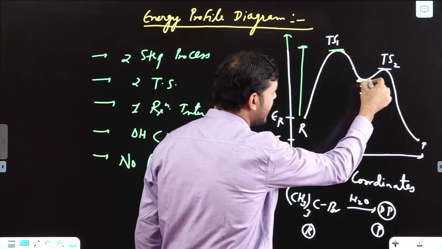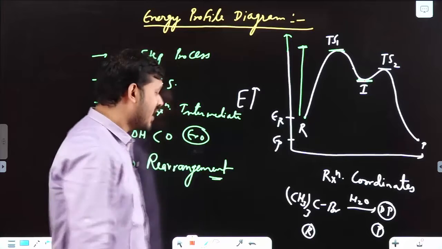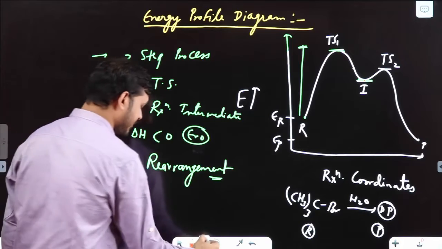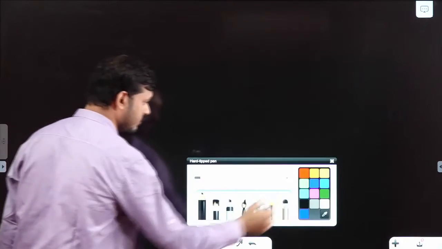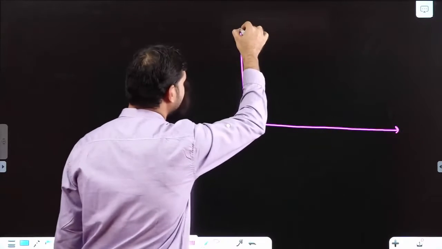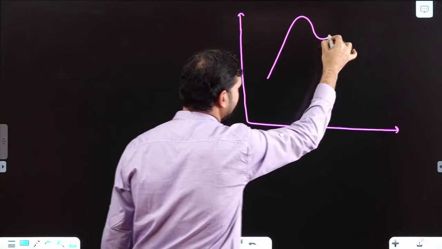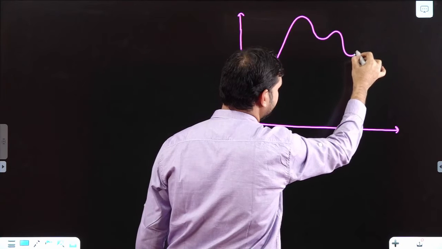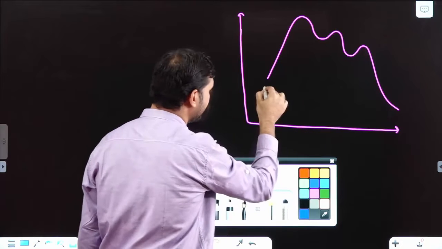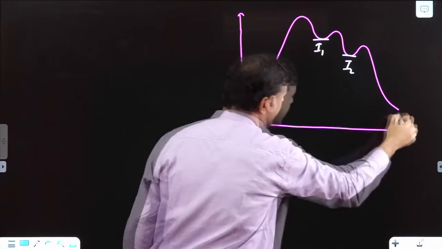So this is the first intermediate, again there will be another intermediate, and it will go like that. I'm just drawing one example. First note it down properly. See, in this graph, this is your reactant, this is intermediate 1, this is intermediate 2, product.